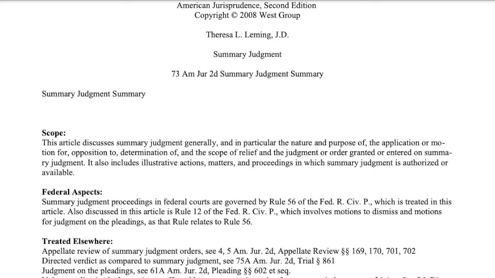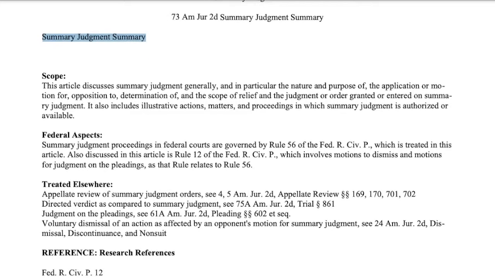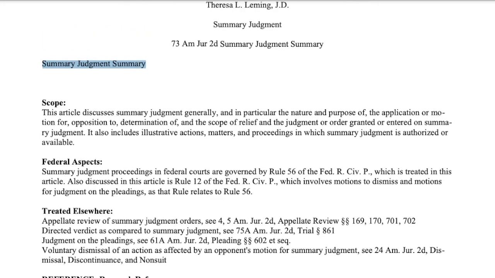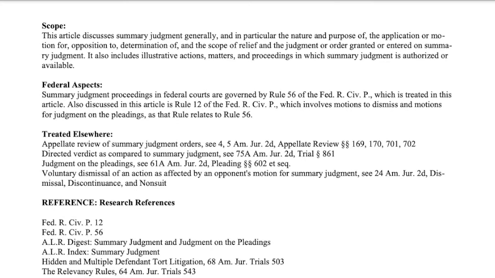So we're going over American Jurisprudence, 2nd edition, Summary Judgment Summary. It sounds strange, but it's a summary of the Summary Judgment section, or the summary judgment volume. Let's first go over the scope.